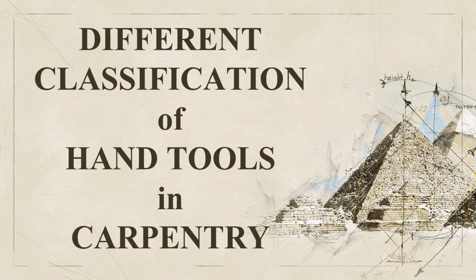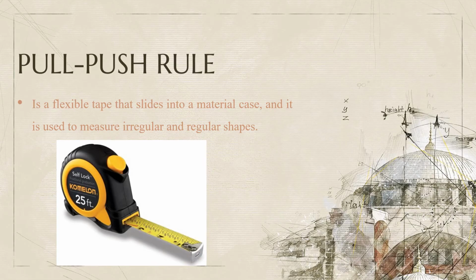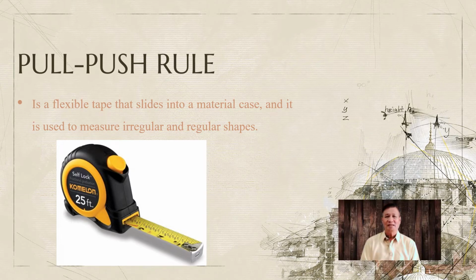Now, let's discover the different classifications of hand tools in carpentry. The first one is measuring tools. Under measuring tools is the push-pull rule. The push-pull rule is a flexible tape that slides into a metal case, and it's used to measure regular and irregular shapes.